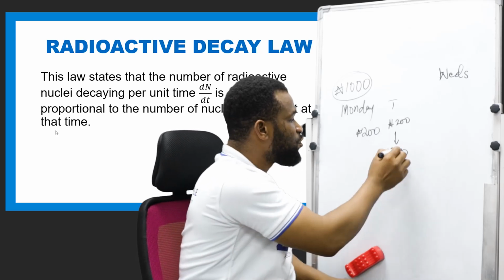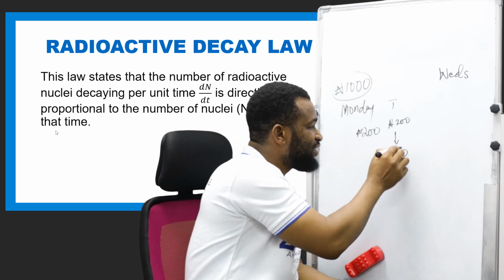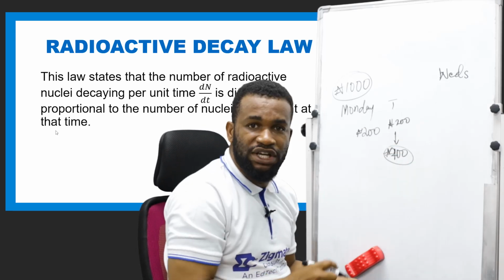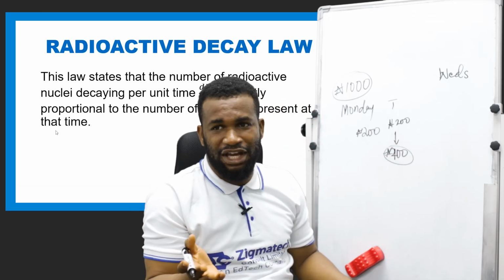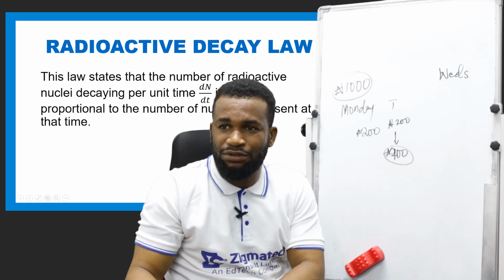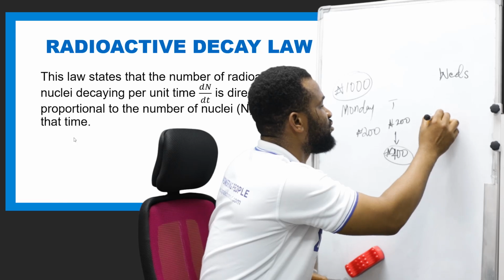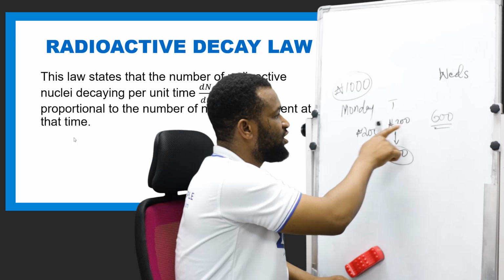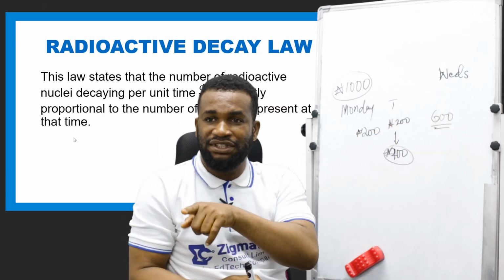So the quantity was 1,000, but what you have spent so far is 400. Therefore, on Wednesday, what is the quantity present? Because we are looking at the present quantity at a given time. The quantity present here is going to be 600, because you are spending 200 each day. So that is what is left at that given time.